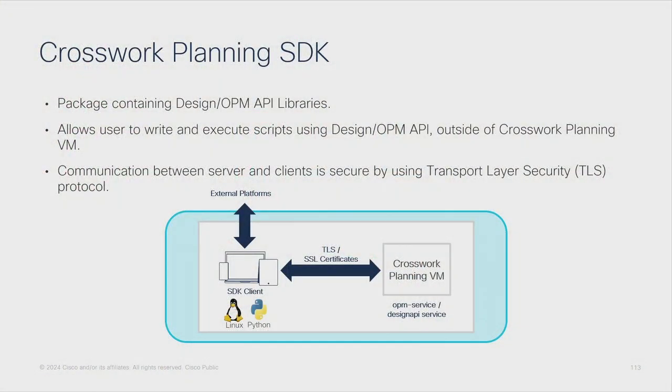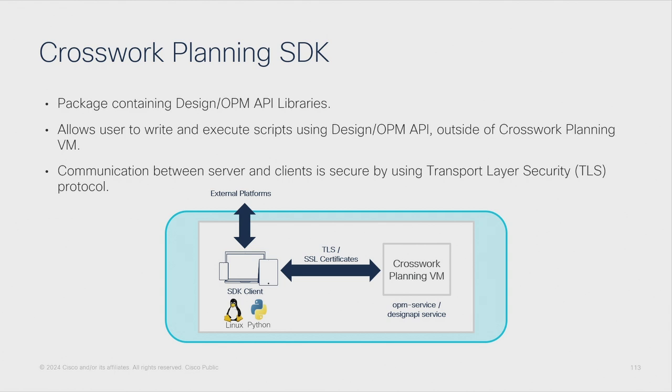For that, Crosswork Planning offers the Crosswork Planning SDK. The SDK is a package containing the design and OPM API libraries, and will allow the user to write and execute scripts using design and OPM API outside of the Crosswork Planning VM, in a Linux user machine that will have some specific Python requirements.